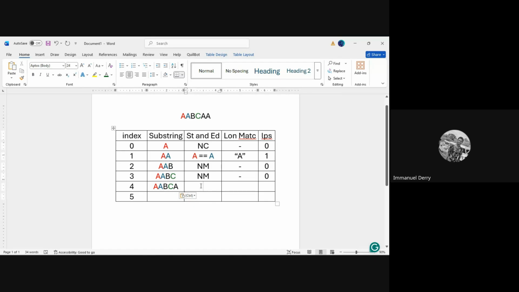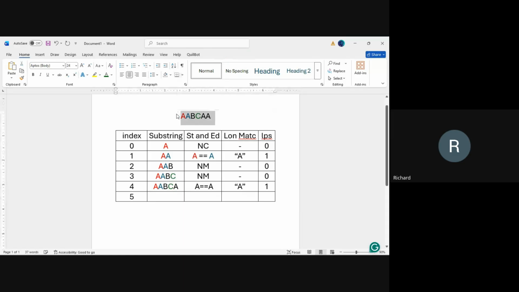Do you have a match in it? Yes. Which is the match? Can you tell me? The match will be the starting A and then the ending A. So A is equal to A. Since there is a match, the LPS counts to 1. I hope it's clear up to this point.